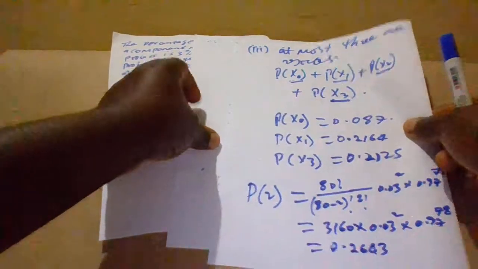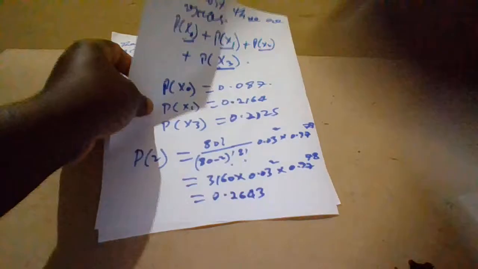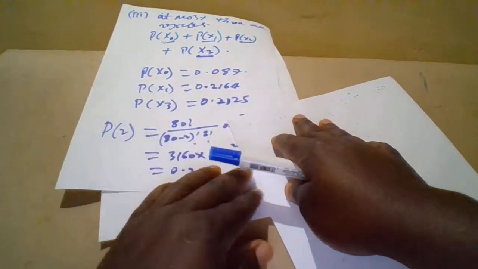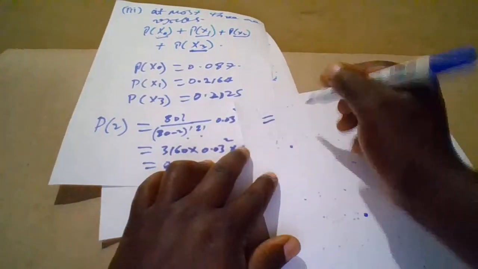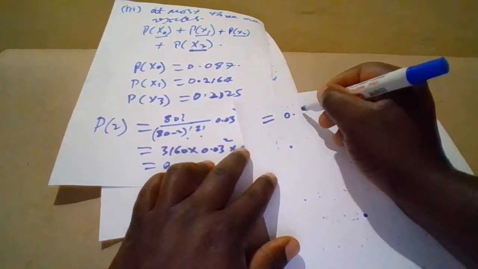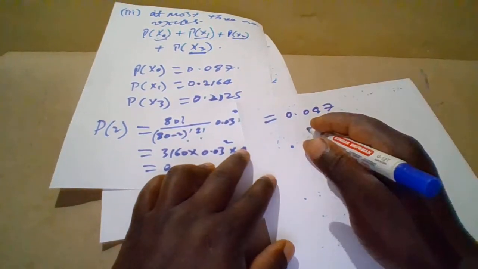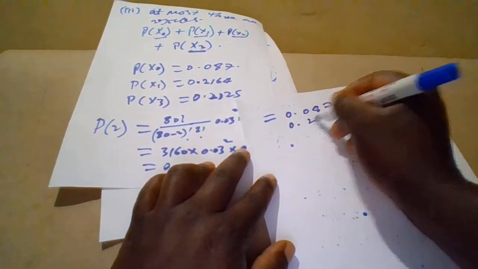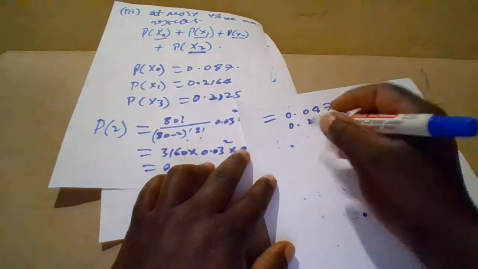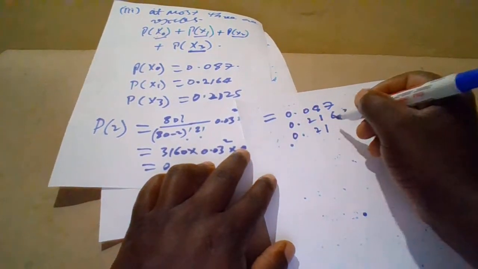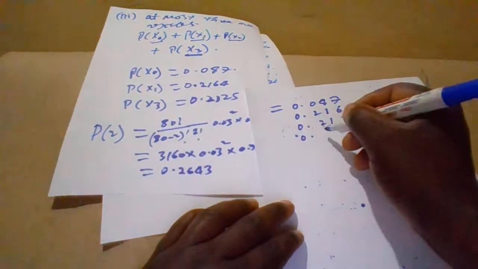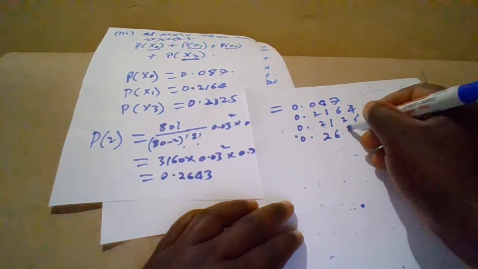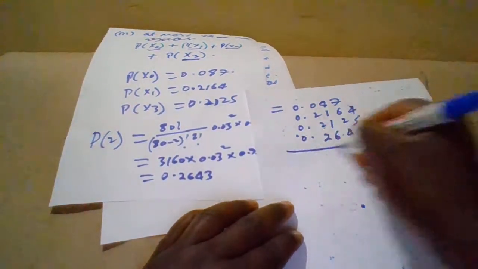Therefore, once we have all of them, we simply add them: 0.087 plus 0.2164 plus 0.2125, then lastly 0.2643.